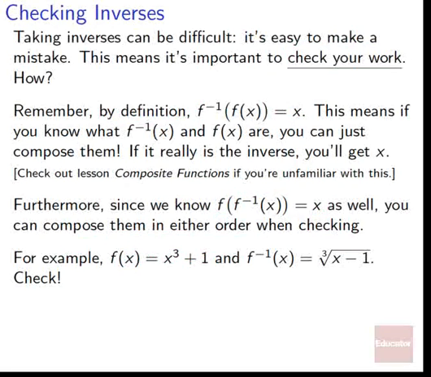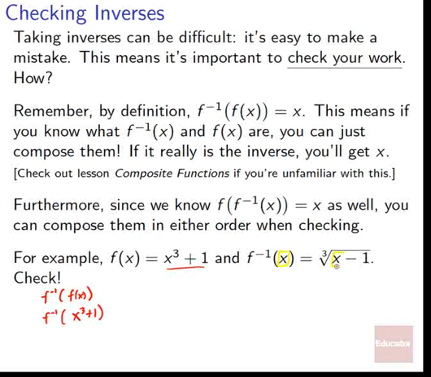For example, if f of x equals x cubed plus 1 and f inverse equals the cube root of x minus 1, the one we've been working with, how do we check this? Well, let's start off with f inverse of f of x. We plug in f of x is x cubed plus 1, so f inverse acting on x cubed plus 1. Now remember, f inverse is a function of its input.